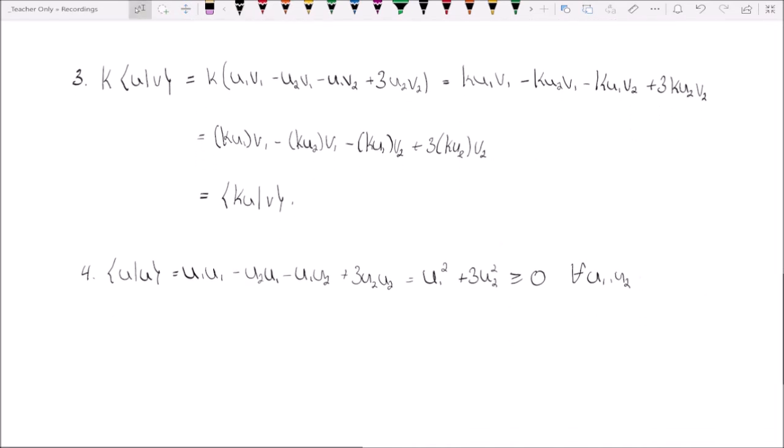Also notice, if u1 squared plus 3u2 squared is equal to 0, then what we get is u1 squared has to equal negative 3u2 squared. And there's only one way this is possible.